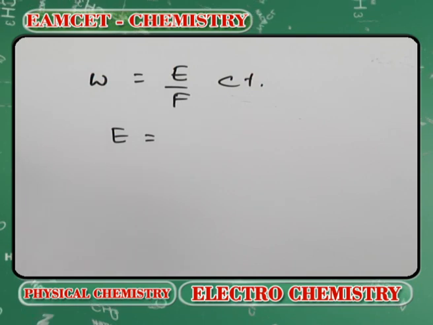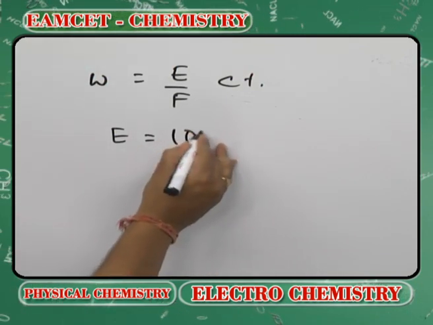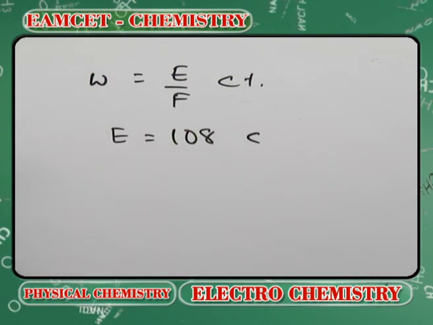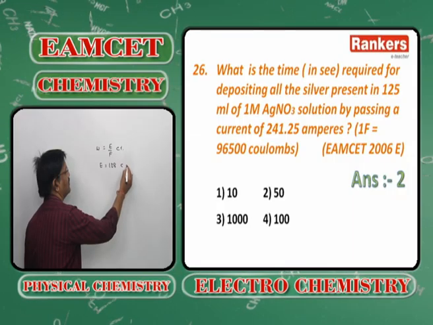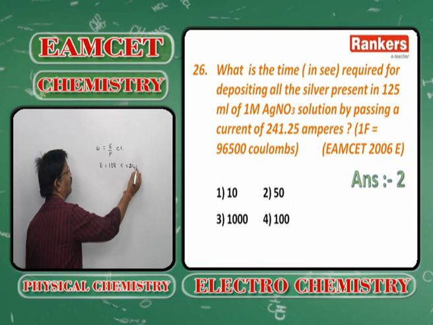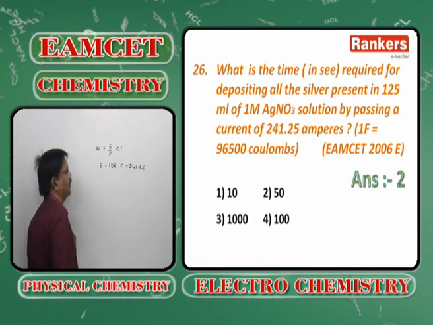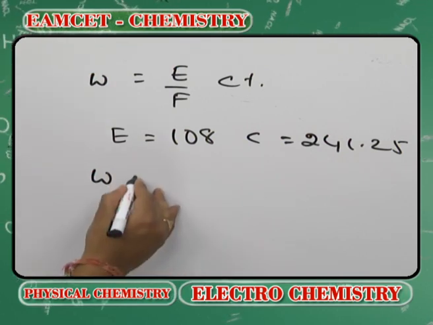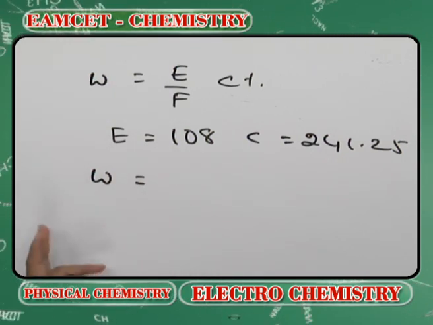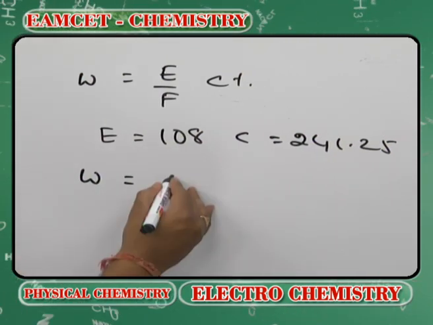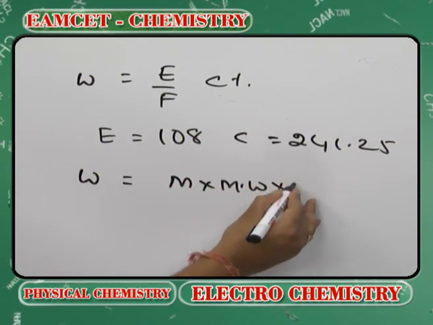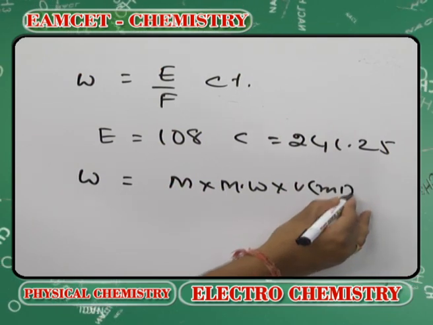The equivalent weight for silver is 108. And what is the C value? The strength of the current in amperes, 241.25. What is the mass? How do you get the weight of the silver? Molarity into molecular weight into volume in ml by 1000.